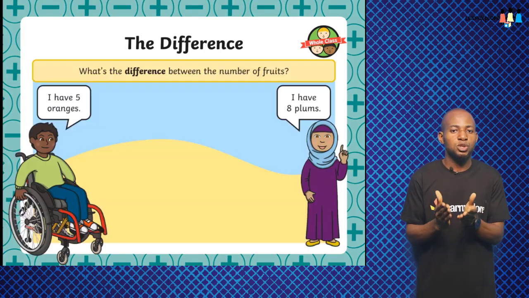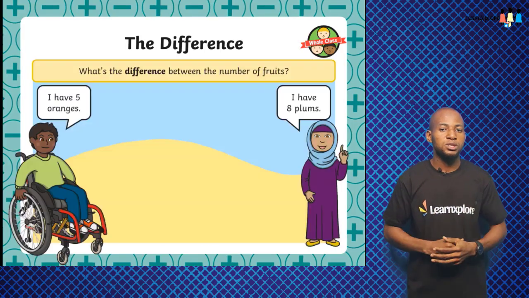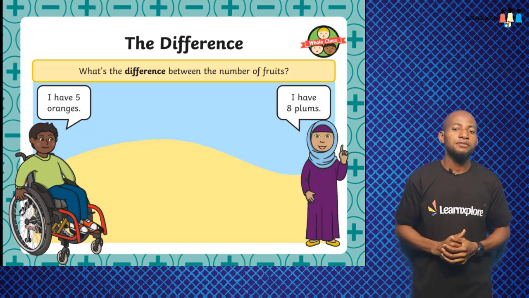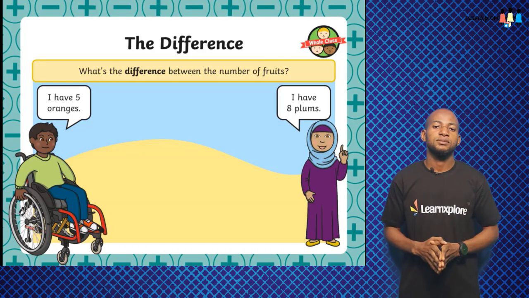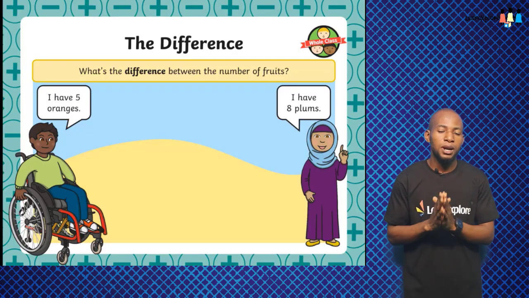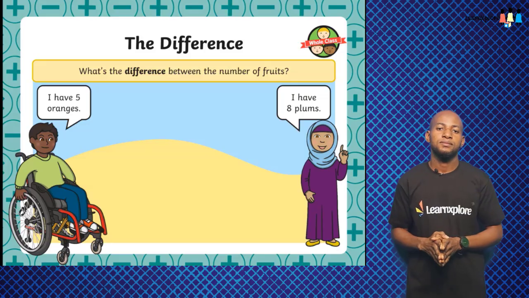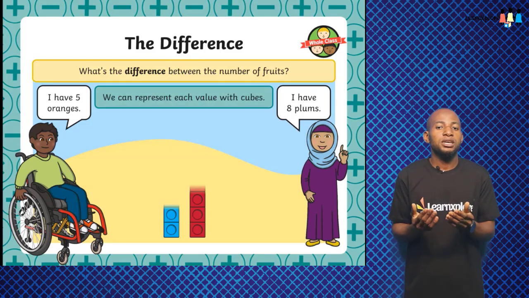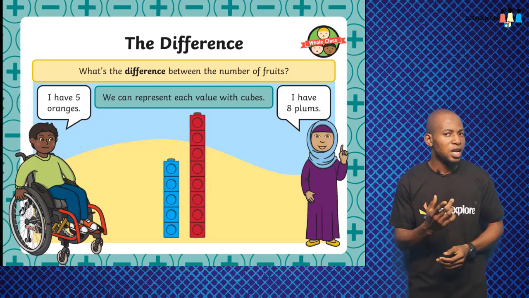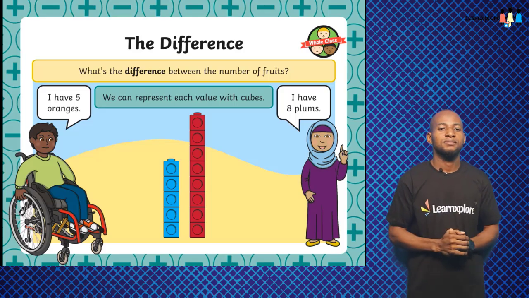What's the difference between the number of fruits? Tom said, I have 5 oranges. Awa said, I have 8 plums. We can represent each value with cubes. Can you see a gap?